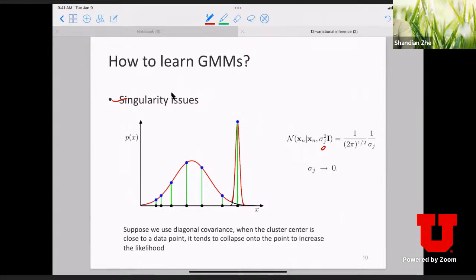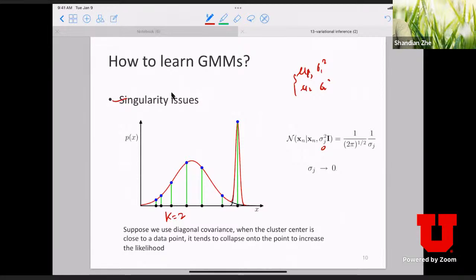Suppose we choose k equals 2, and you have to start with some initial cluster centers and variances. To learn those parameters, you initialize mu 1, sigma 1 square, mu 2, sigma 2 square, and then you optimize by maximizing the likelihood.